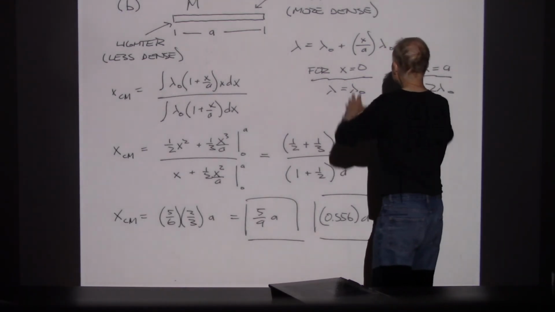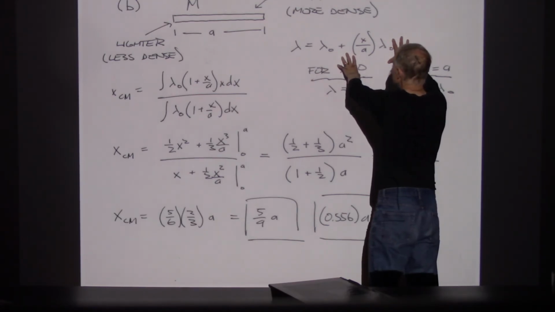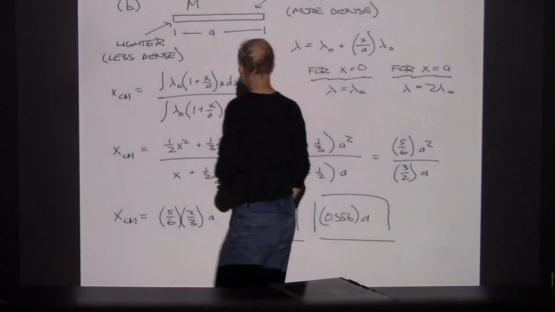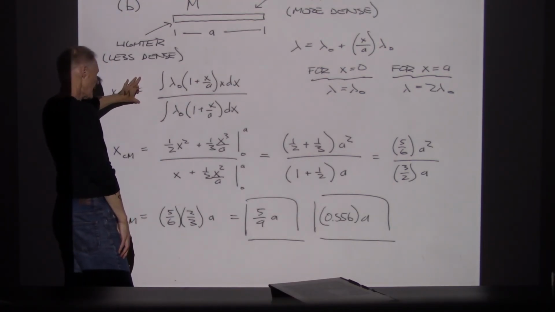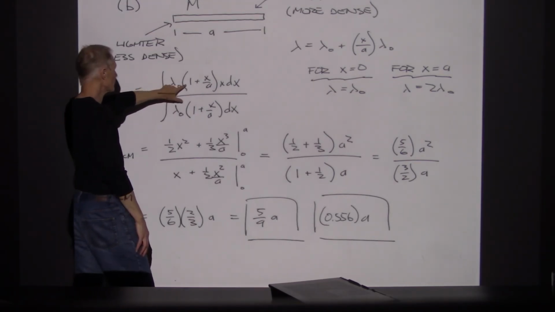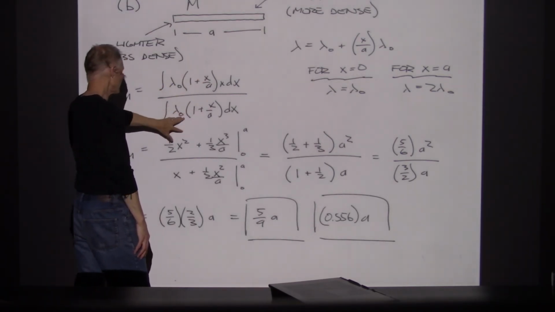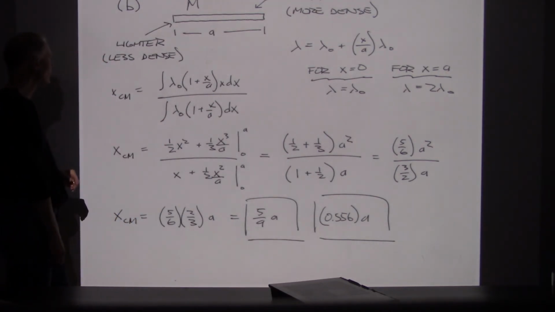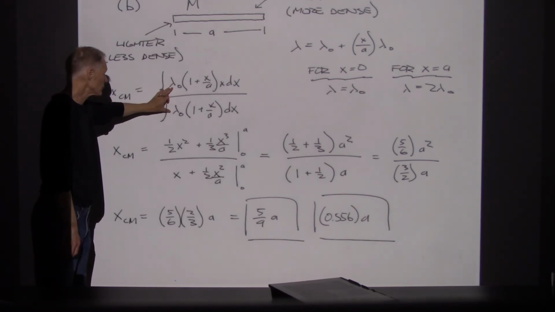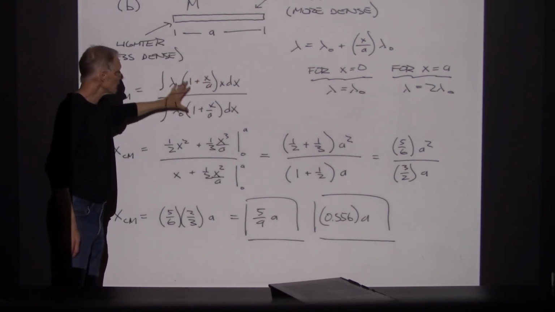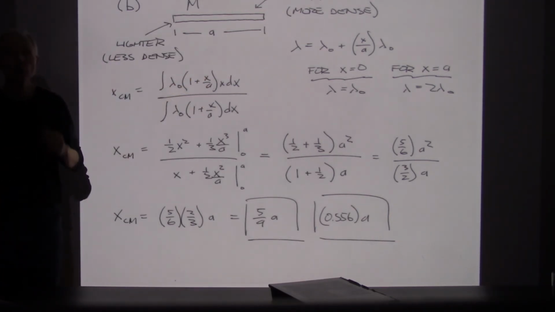So let's take this expression and plug that into our formula, and what that worked out to be is lambda naught times (1 plus x over a), over 2 lambda naught (1 plus x over a). The lambda naughts cancel out, but these extra factors don't.